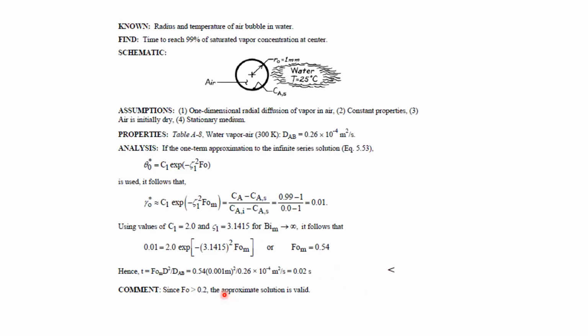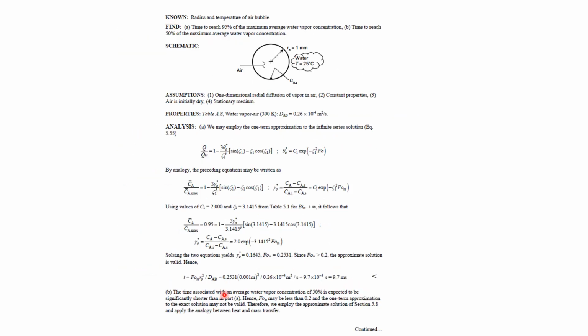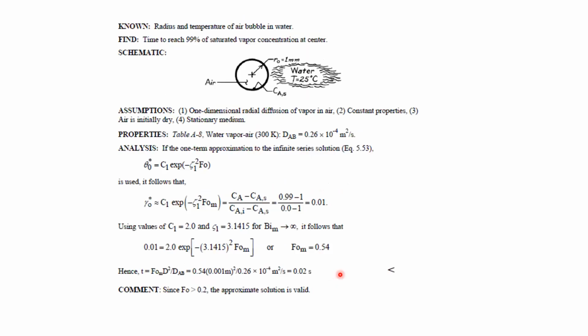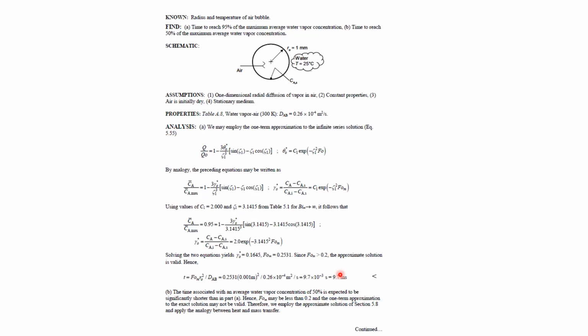It is saying that the time required to reach 50% is very short. To reach from 0 to 50, it is taking only 9.7 milliseconds, which means 0.0097, which is actually shorter than the time taken to reach 0.02. So when it comes to the smaller concentration, the one-term approximation is not valid. There we have to take multiple terms.